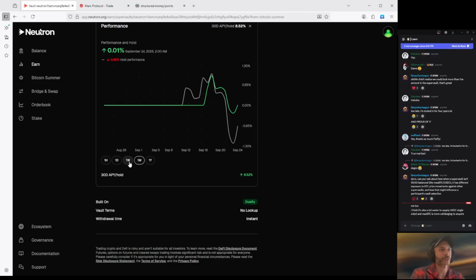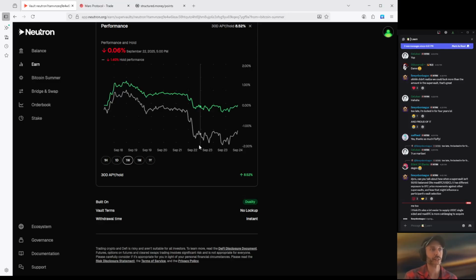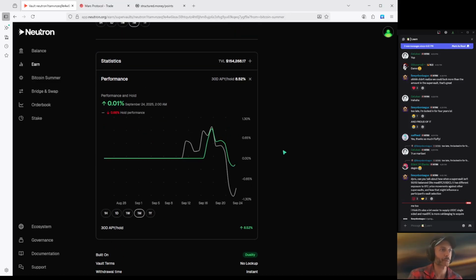This is a really clear example, and maybe it's easier to see on the monthly chart. This drop was because Bitcoin nuked down something like 5% over the past few days. During that time, the balance of the vault was a majority USDC, like we're seeing now. So the vault did not experience as big of a loss as you would have seen if you were holding 50% Bitcoin, 50% USDC.